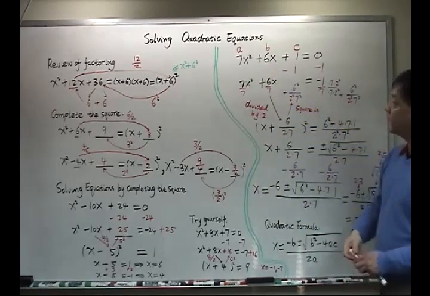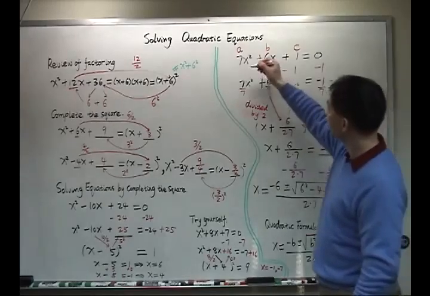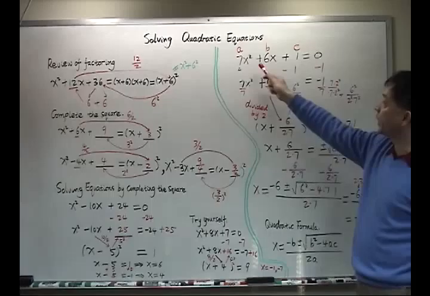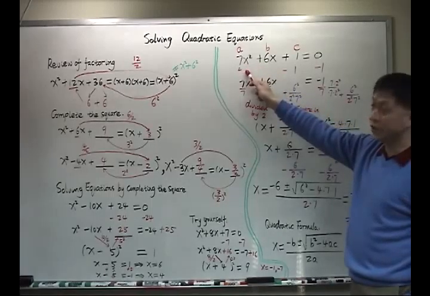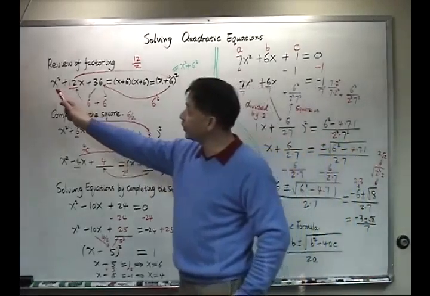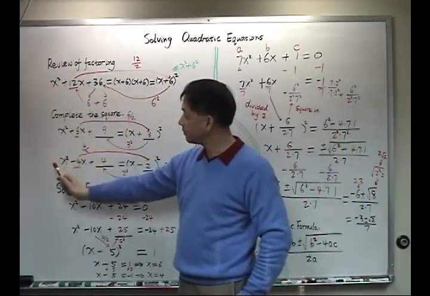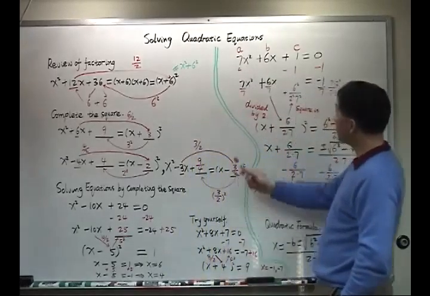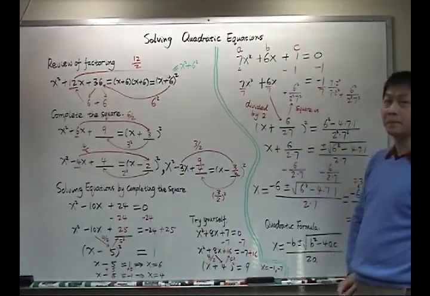Be careful right here: 7x squared is a problem, because the coefficient is not 1. Here you can see all the coefficients are 1. Okay? And then here is 7. That's the problem.